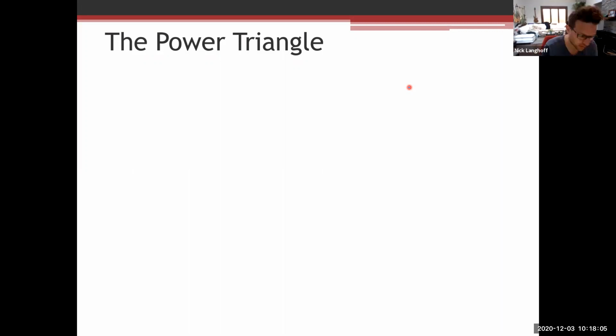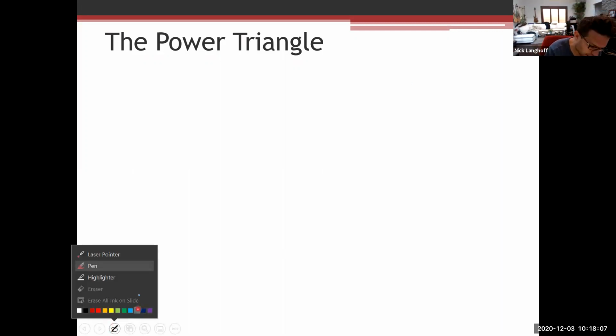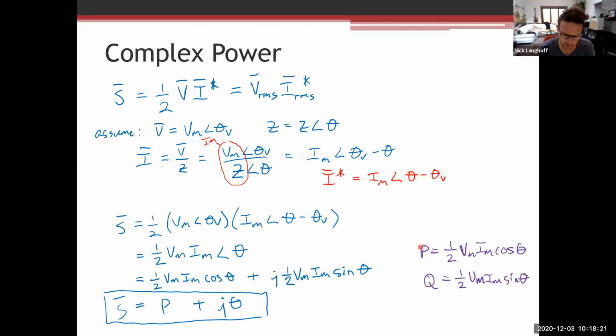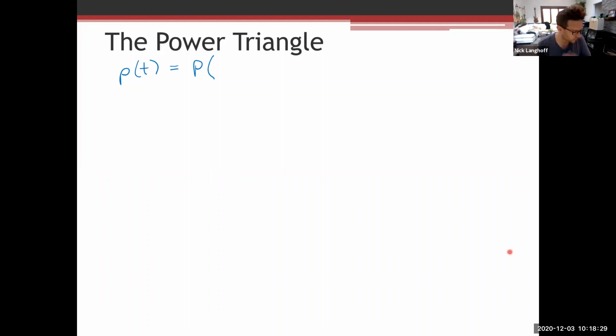So let's write this down here: p of t, the signal as a function of time, we've now shown is P, the real power, which is that 1/2 V peak times I peak times the cosine of theta, as we just showed on the back here.